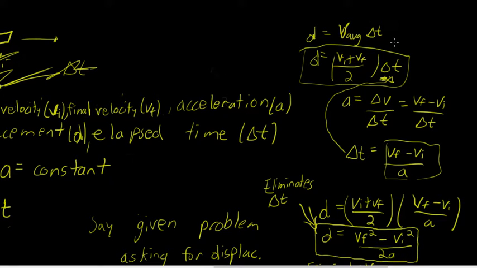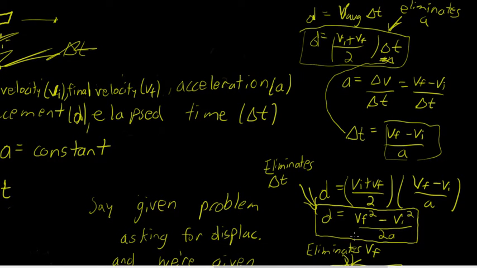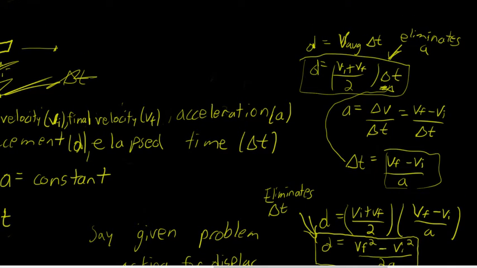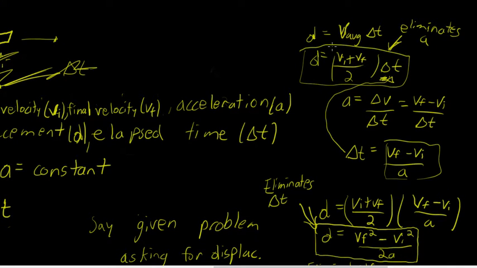So this one eliminates acceleration, this one eliminates delta t, so this vf squared minus vi squared over 2a. And this one, the vi delta t plus 1/2 a t squared, eliminates final velocity. So we've eliminated final velocity. We found one that eliminates elapsed time. And we began with one that eliminates acceleration.